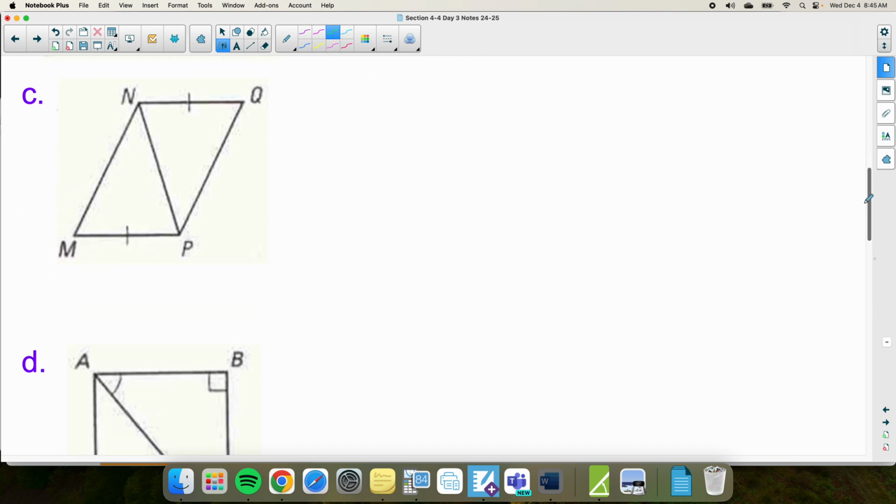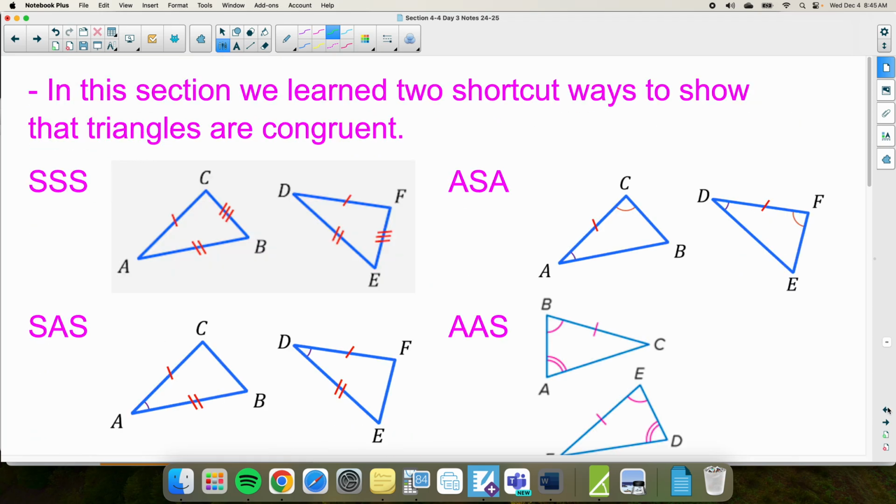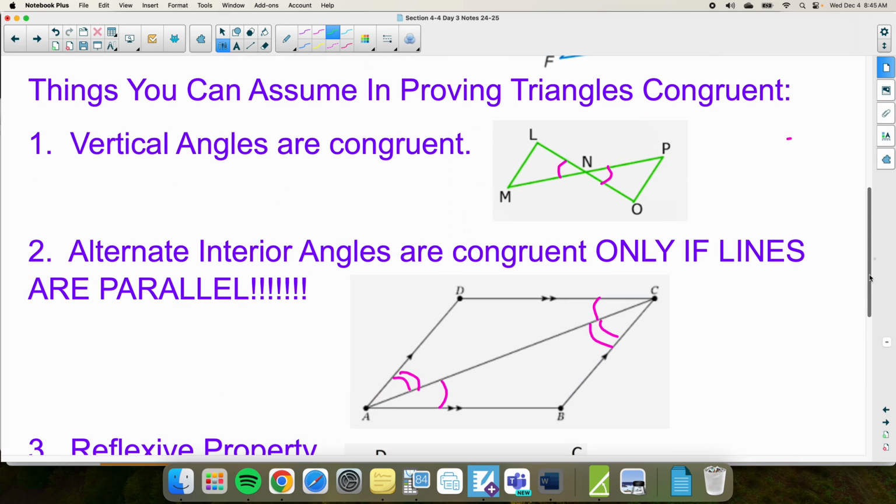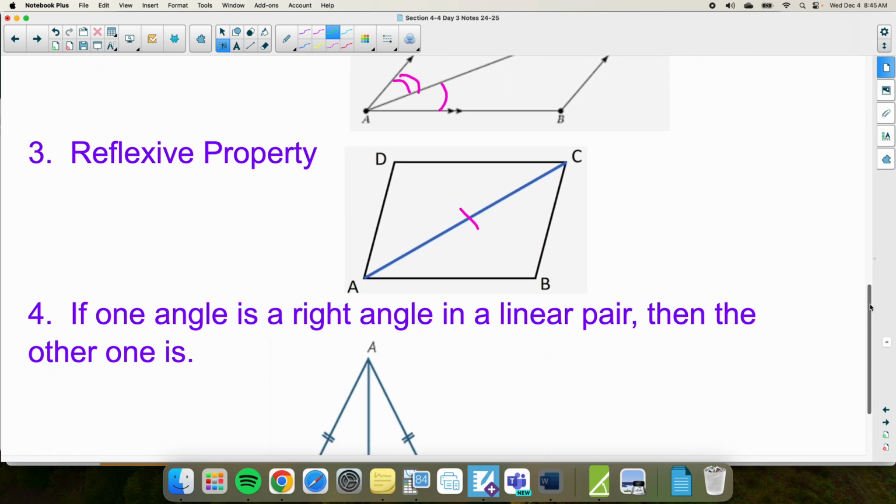Now if we look at this one, is there something else we can mark? Reflexive. Okay. Here's where kids get these wrong sometimes, is they just start marking things so that they have 3 things. Okay? The only things you can mark are back here on this sheet. If you have vertical angles, you can mark them. If you have parallel lines, you can mark alternate interior angles.